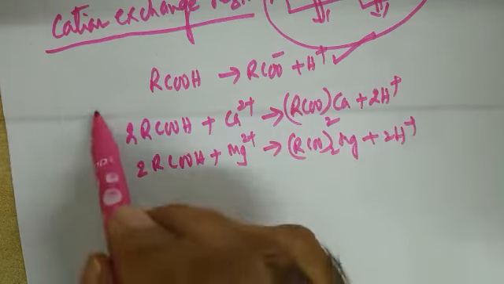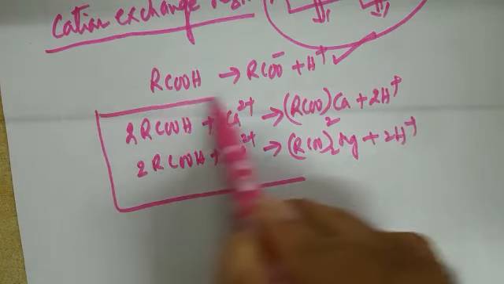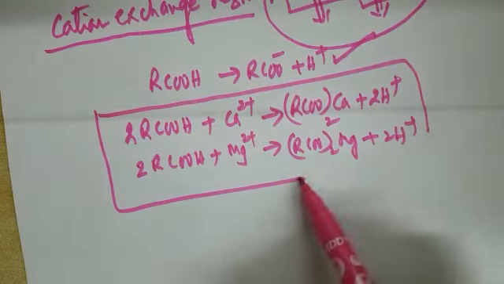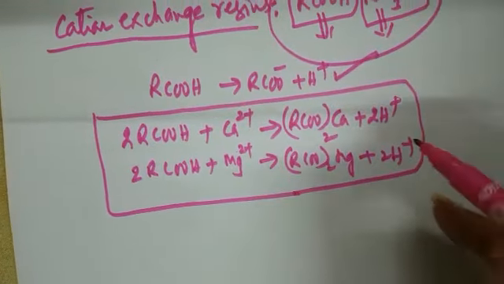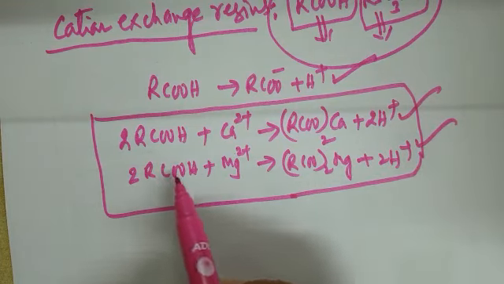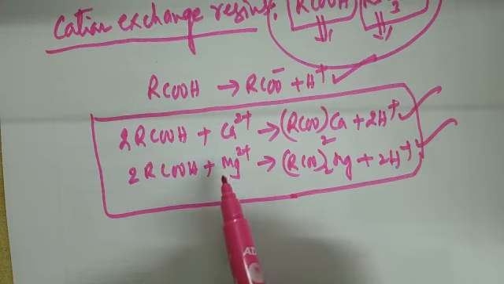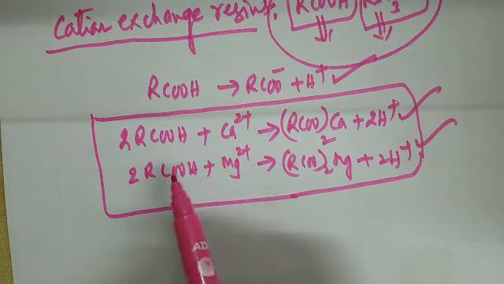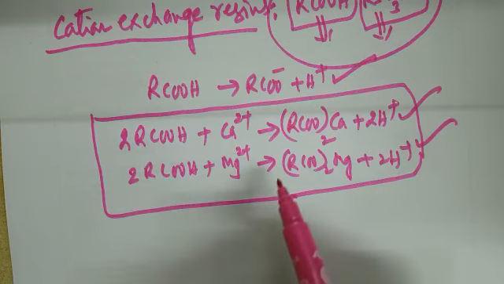These are the reactions involved in cation exchange resins, producing H+ ions. After some time, the resins are not going to function. What does it mean? The cationic resins are exhausted.